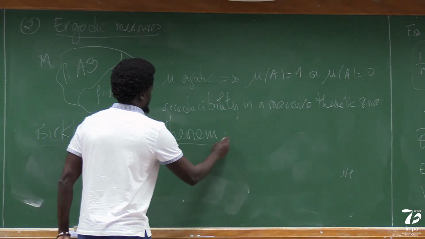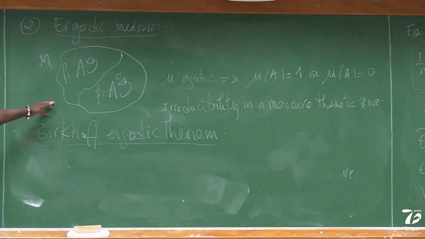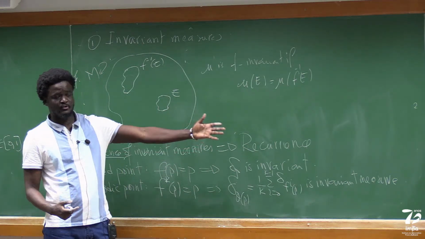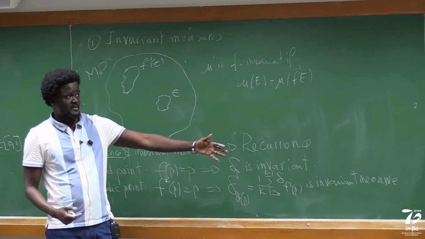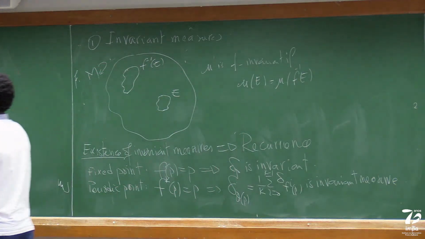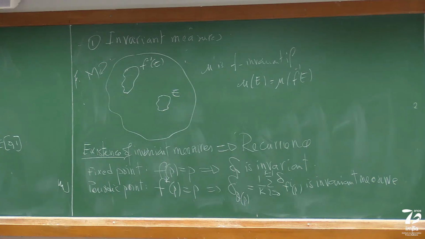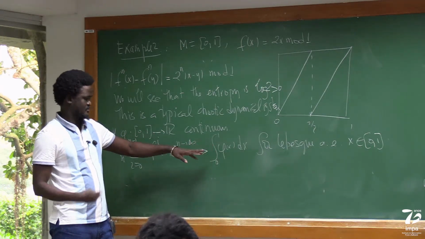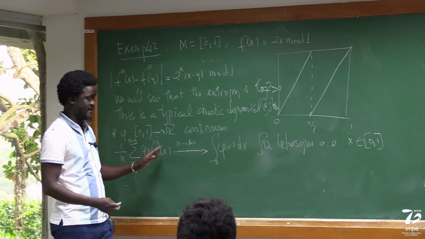We will see how ergodicity is needed in proving the Birkhoff ergodic theorem, which is nice. Already invariance also gives a version of Birkhoff theorem, but it doesn't tell you that. Already from invariance, you can see that this will converge, but it converges to something that's just a function that depends on x.